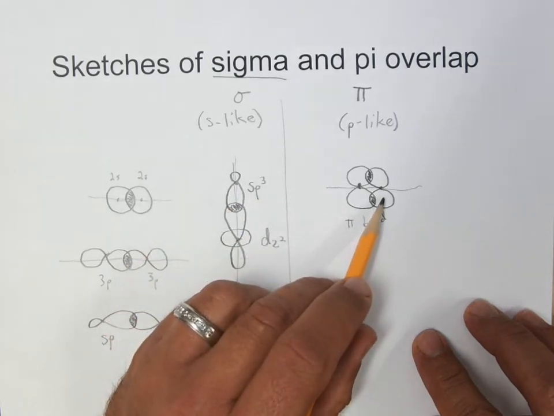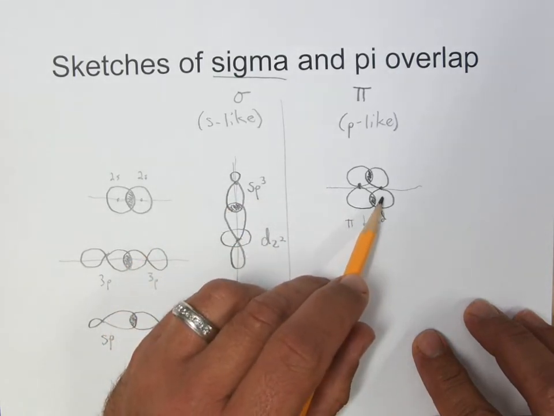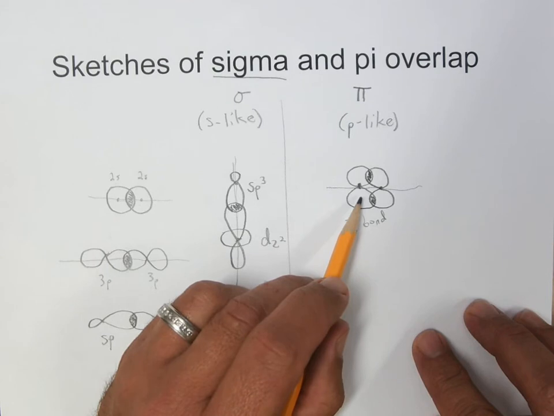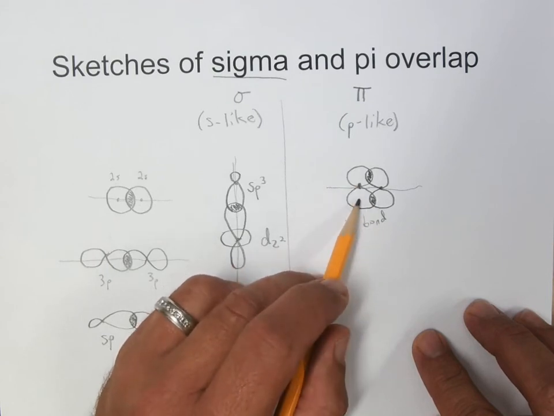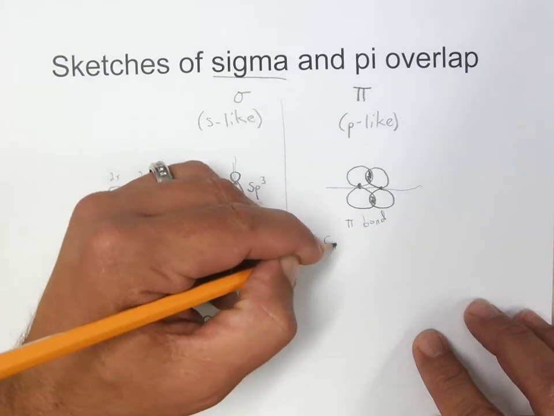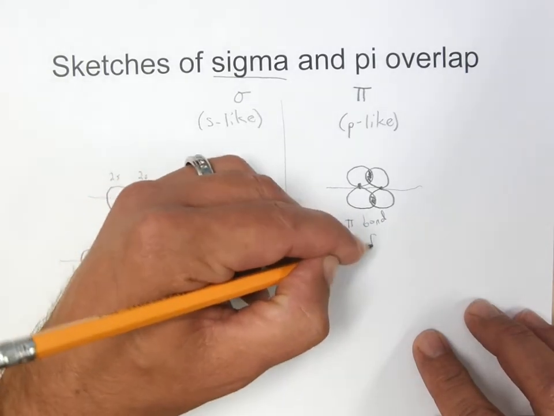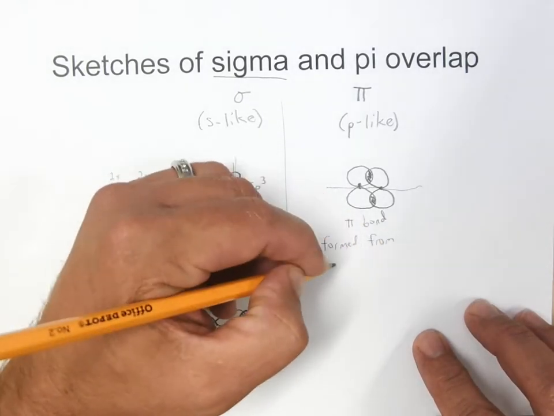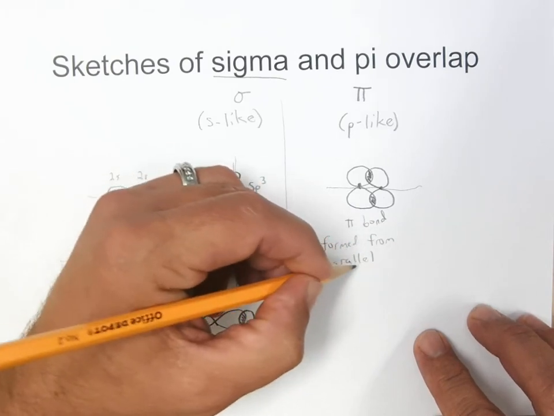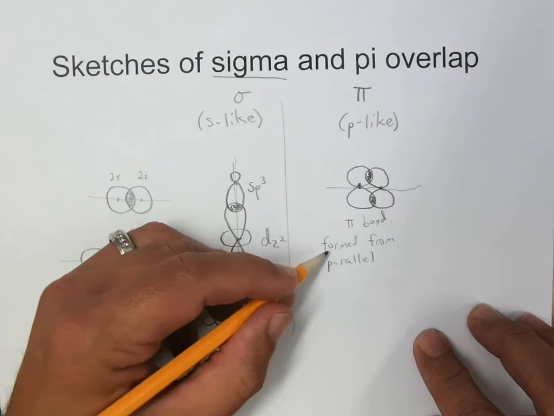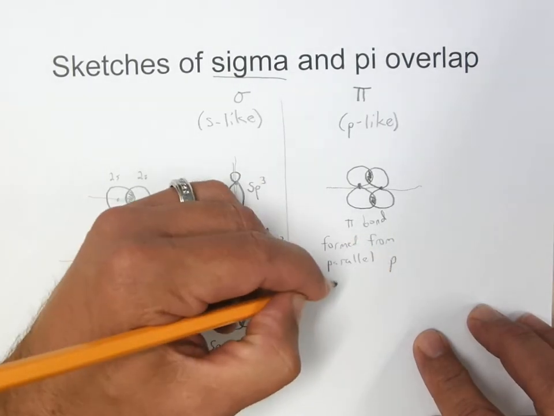which results from a p orbital interacting with a p orbital, and those are parallel. So we get our geometry muscles flexed a little bit. The pi bond is formed from parallel p orbitals.